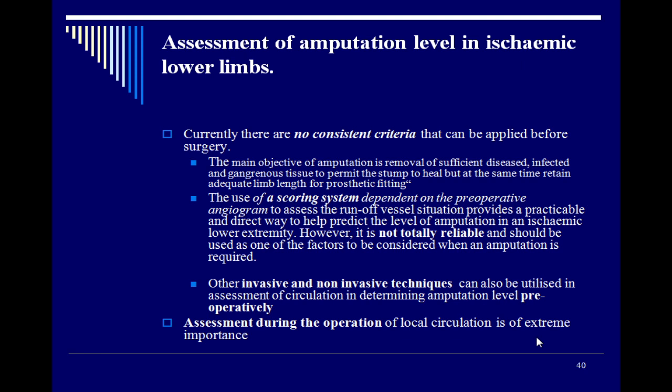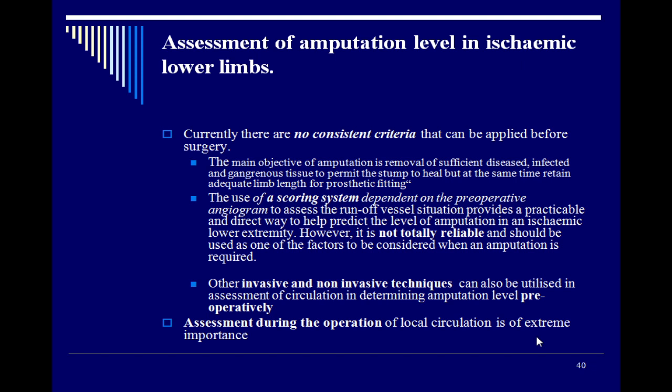Assessment of amputation level in ischemic lower limbs. Currently, there are no consistent criteria that can be applied before surgery. The main objective of amputation is removal of sufficient diseased, infected and gangrenous tissue to permit the stump to heal, but at the same time retain adequate limb length for prosthetic fitting.